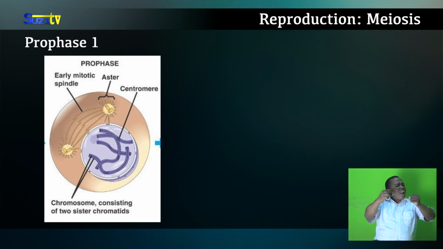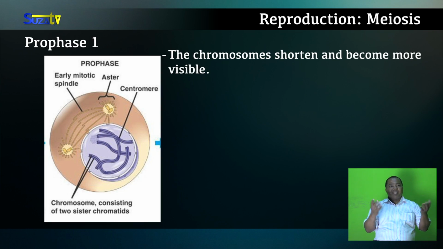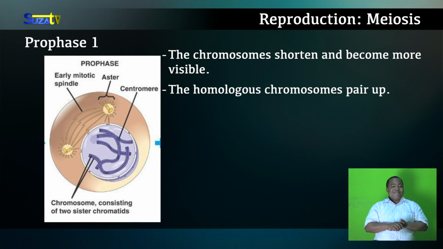My dears, can you mention the occasions taking place in this stage? Yes, try. The first one is that the chromosomes shorten and become more visible. Good. The next one is that the homologous chromosomes pair up.